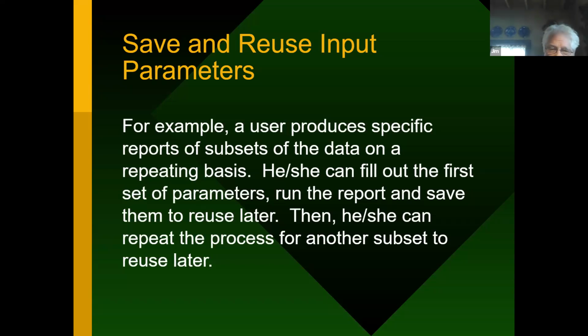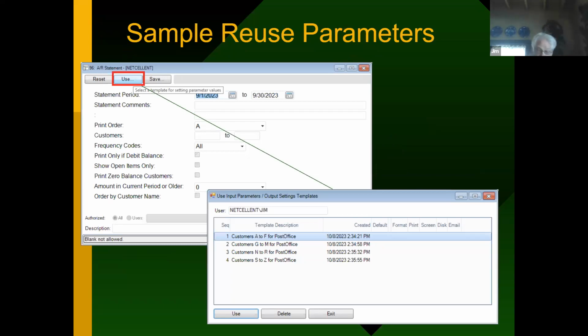So here's an example where the user is running AR statements, and they want to break it into 4 chunks, so that it's not all one process that runs for a while, because it's doing lots of emailing and that sort of thing. They have run this 4 times in the past, setting the parameter values the way they want them, and then saving them.